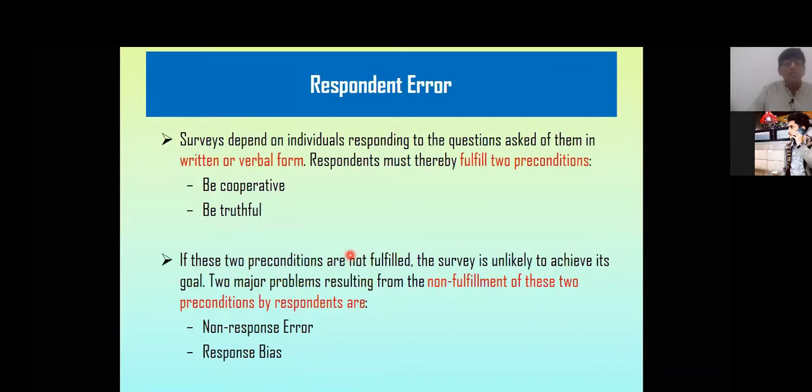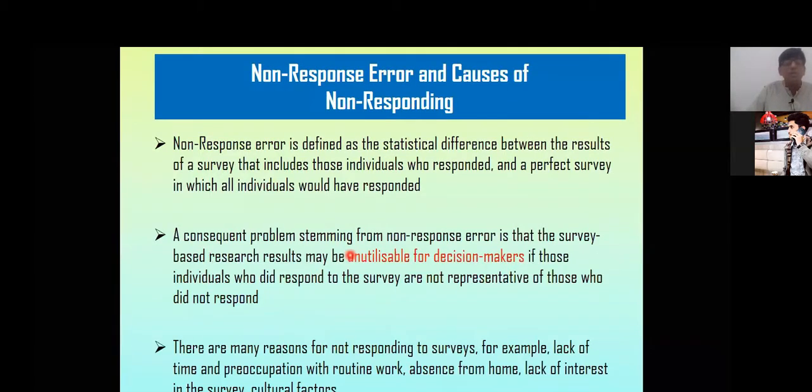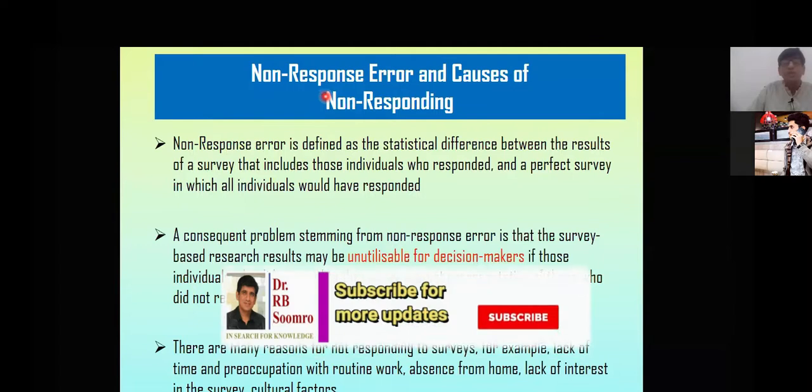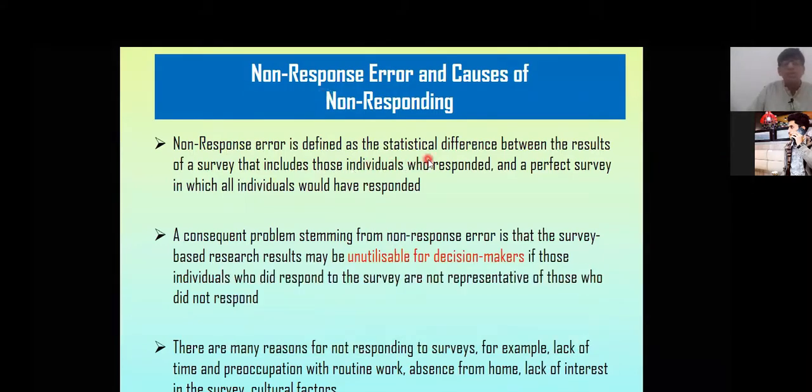And then another thing is the non-response error in case of non-responding. Non-response error is defined as a statistical difference between the results of a survey that includes those individuals who responded and the perfect survey in which all the individuals have responded.